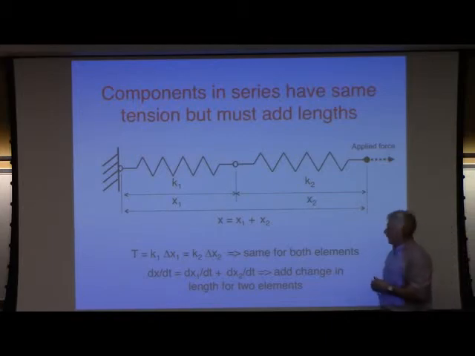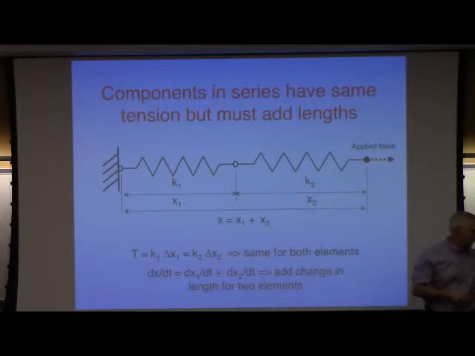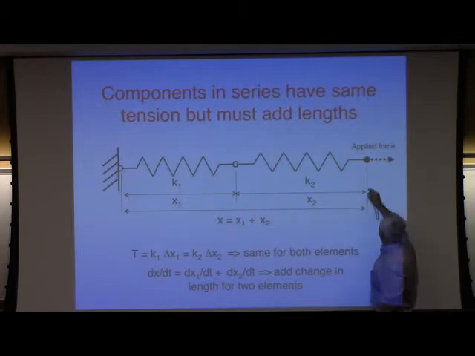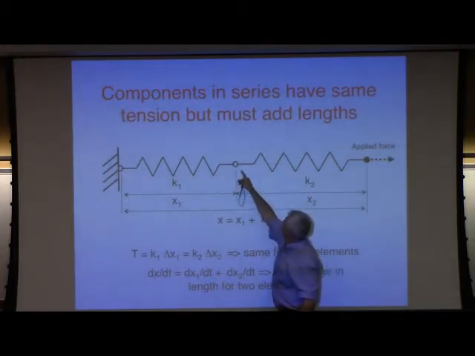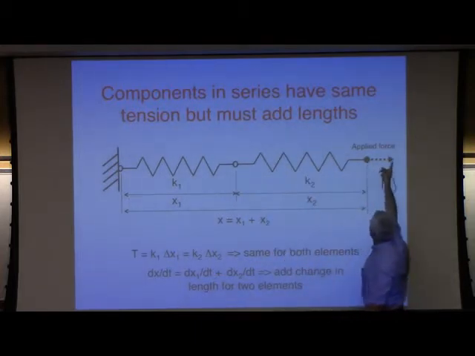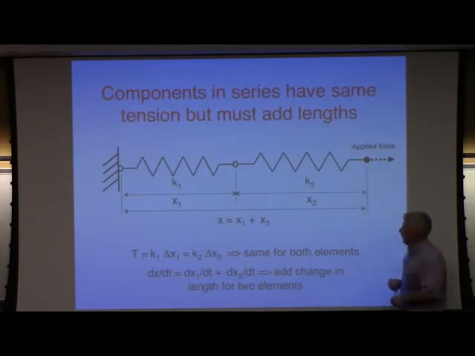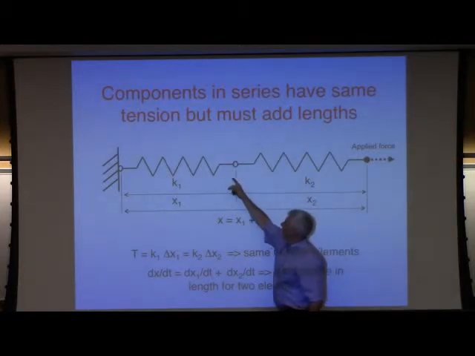Okay, so that was showing two elements in parallel. We can also have elements in series, so that's end to end. So if we took this one and took that one, and now we apply the force here, then each of these sees the same force.